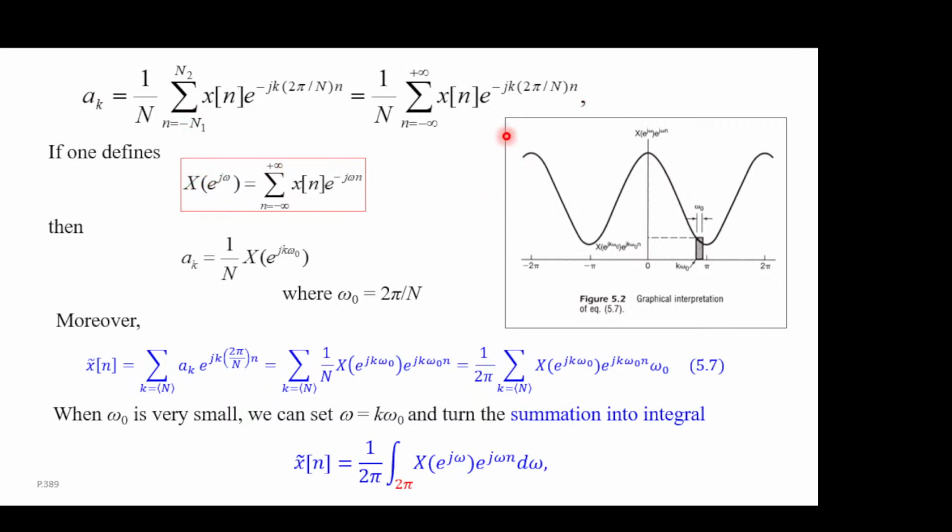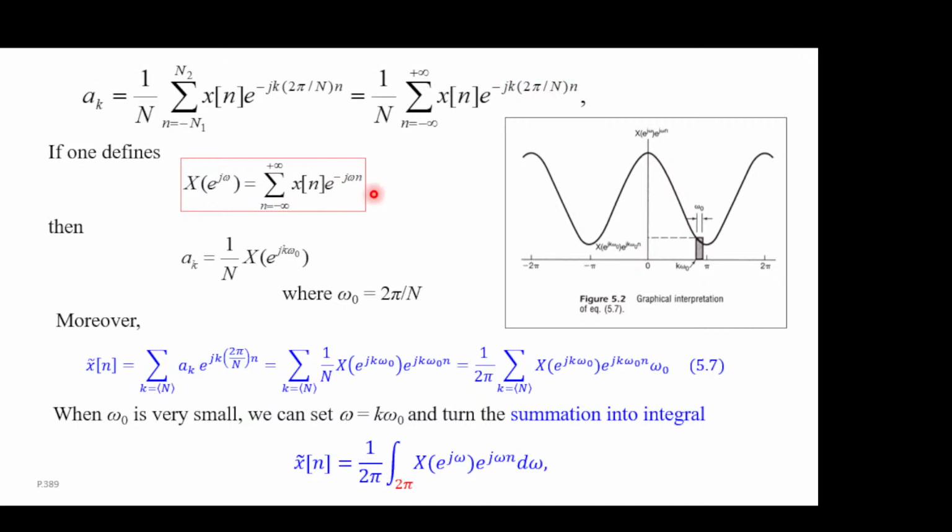Big X is a function of omega. We define the function of omega as the summation over n of x of n times e to the j omega n here. So here we have jk omega naught n, and here we have j omega n.